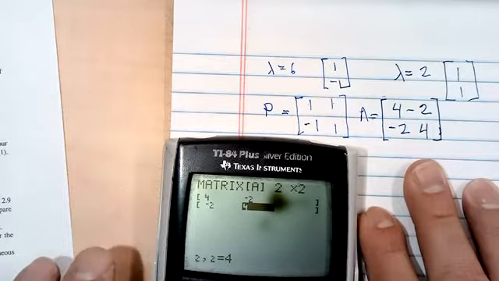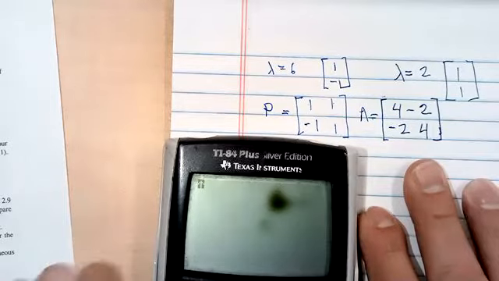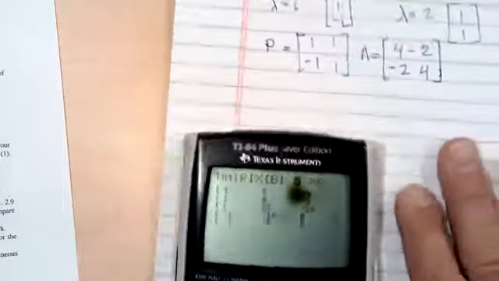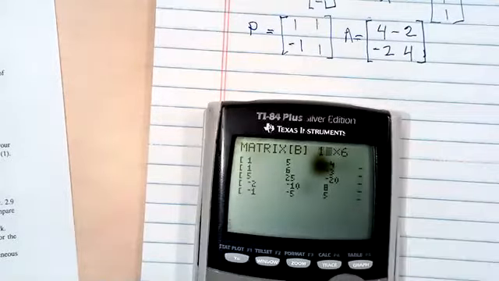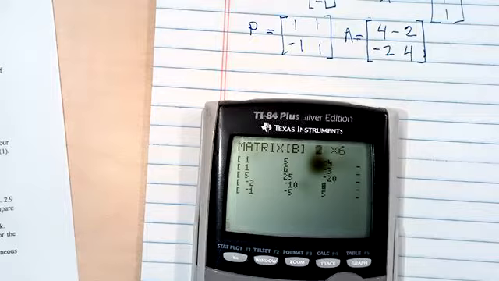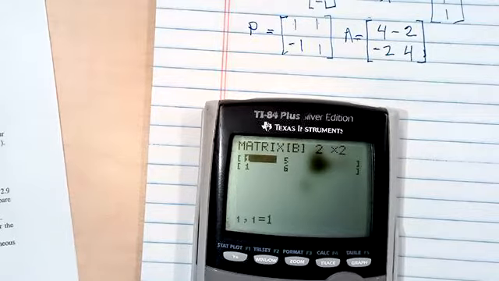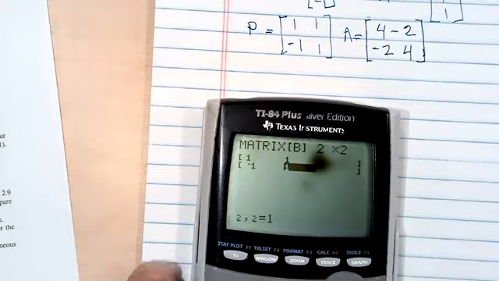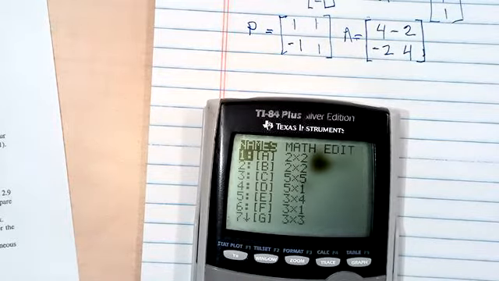And that one's in. And for B, let's put in this matrix. 2 by 2: 1, 1, minus 1, 1. Okay, so I should have my A and B in here.